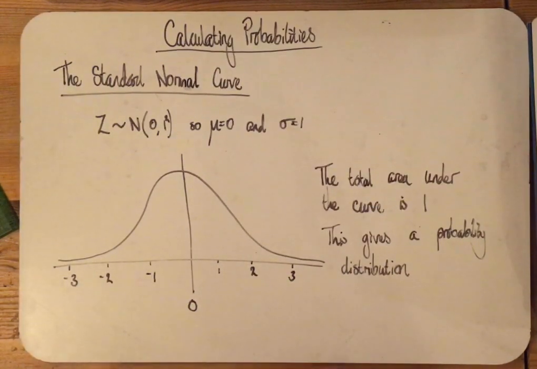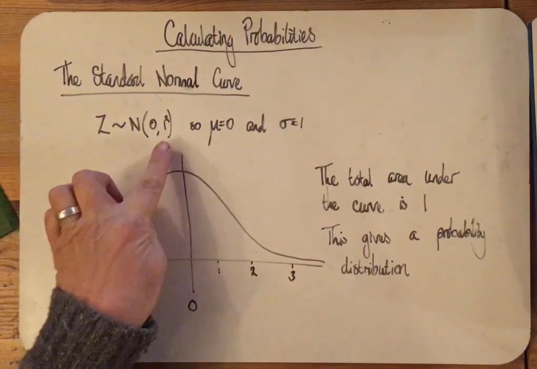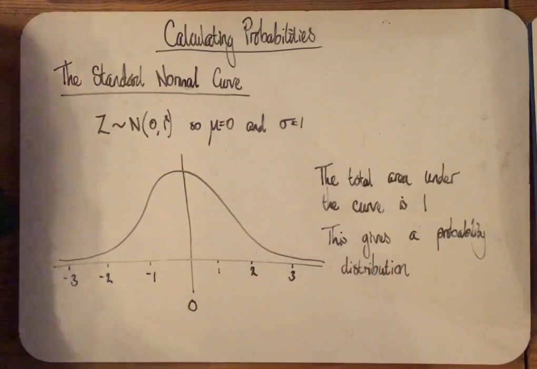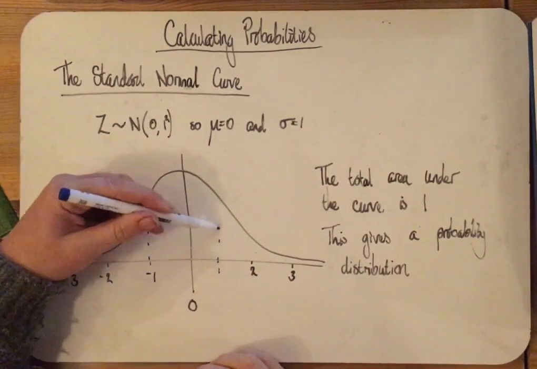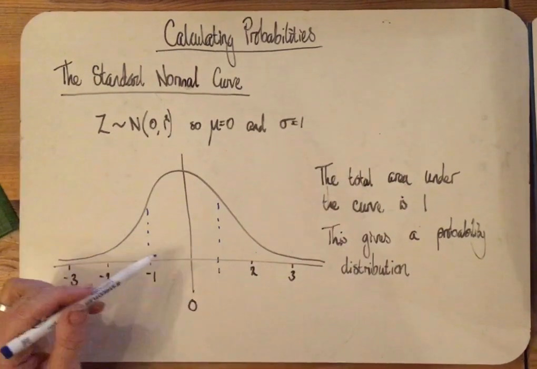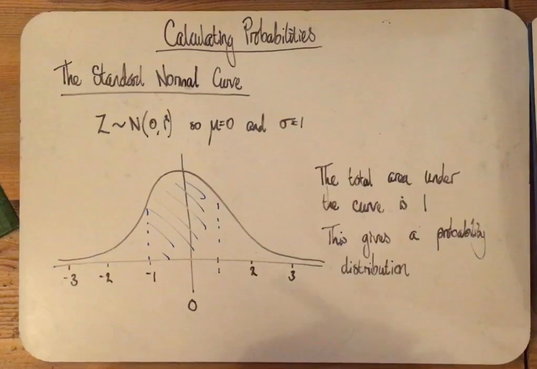The standard normal curve has a mean of 0 and a standard deviation of 1. So if you were finding the probability of being between -1 and 1, you would actually be finding the probability of being within 1 standard deviation of the mean on the standard normal curve.